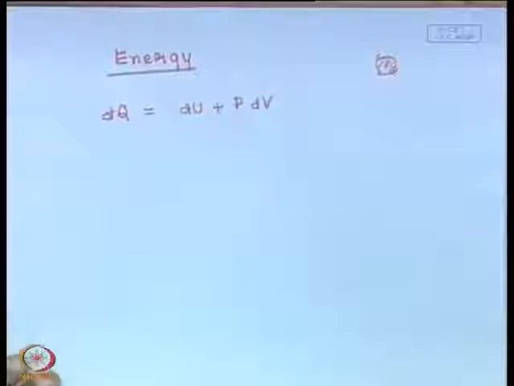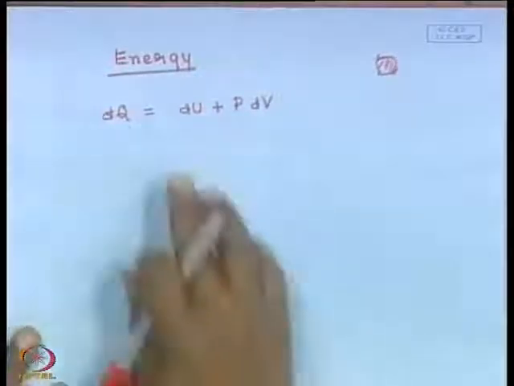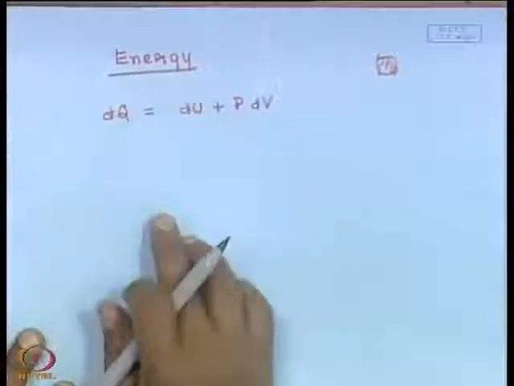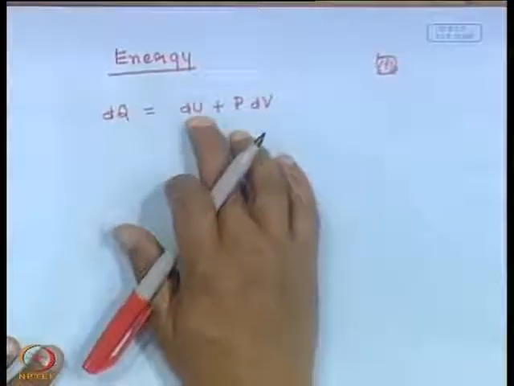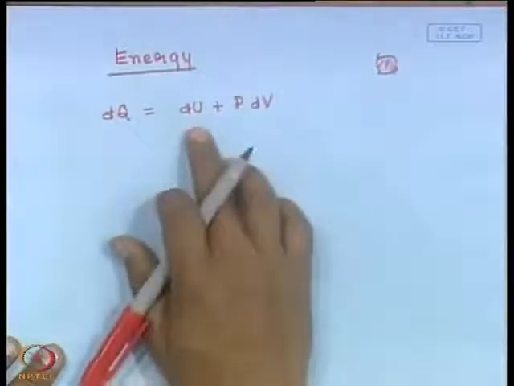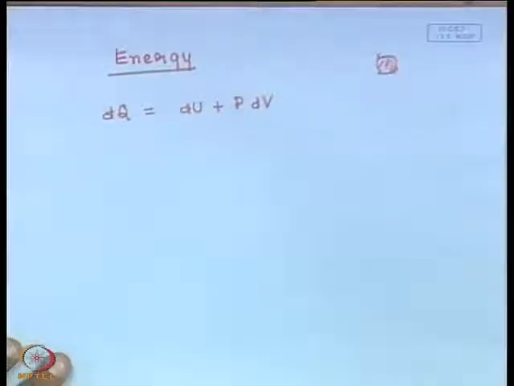So the heat that this system exchanges, that flows across the boundary of the system, is equal to the change in the internal energy plus the work done. Okay, this is the first law of thermodynamics. It is essentially the conservation of energy.